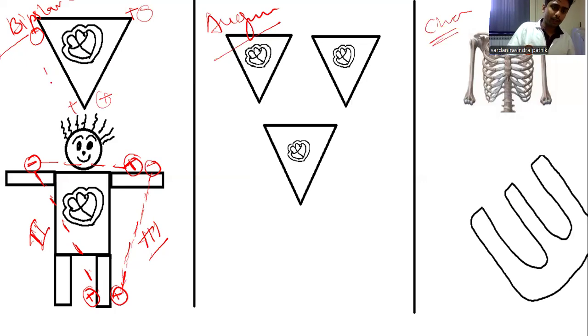Now let's think about this second lead. Here's one more concept: a view of the heart is when you put yourself on the positive side and look towards the negative side. Let me tell you, second, third, and first.